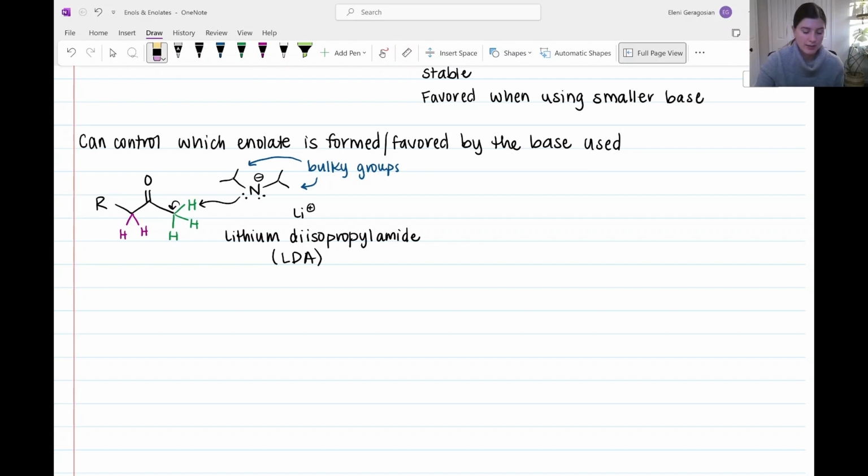So the LDA will form the kinetic enolate. So we have 1 hydrogen removed from the CH3 group.